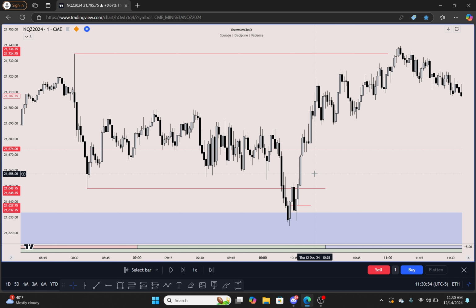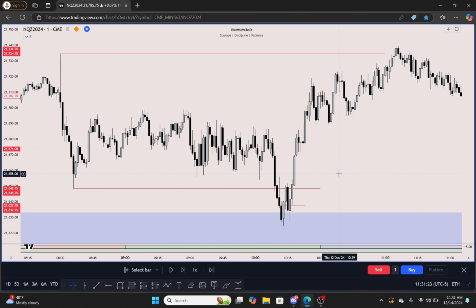You see how that works? Out of all of this consolidation, we're anticipating a manipulation lower, which is our soup, followed by then distribution higher, back up to equilibrium of the range and 50%. Okay, so I hope that makes sense.